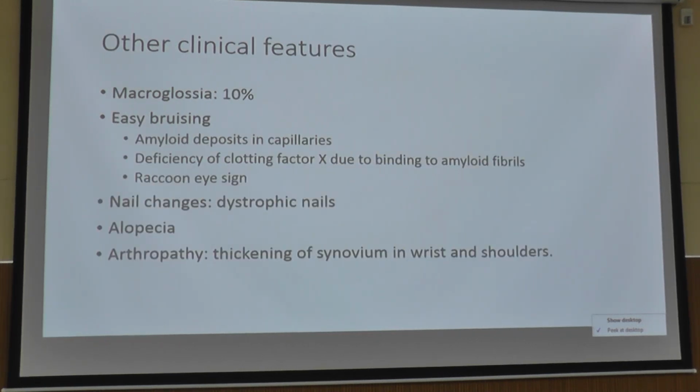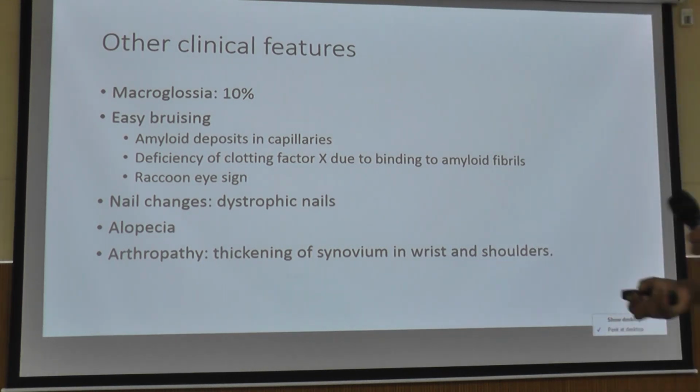More than all this which I told you, the common thing by which we pick up amyloidosis is the presentation of macroglossia, due to deposition of amyloid in the tongue. So you have a large tongue, and whenever you see a large tongue, the one thing you should keep in mind is amyloidosis. Another important aspect, which is frightening, is that the patient has very easy bruising.